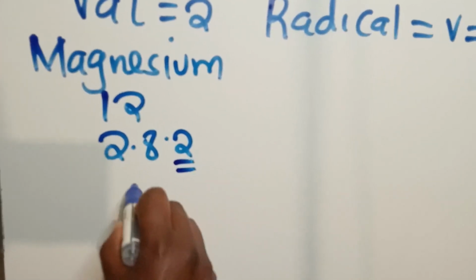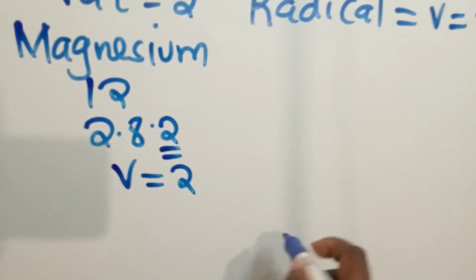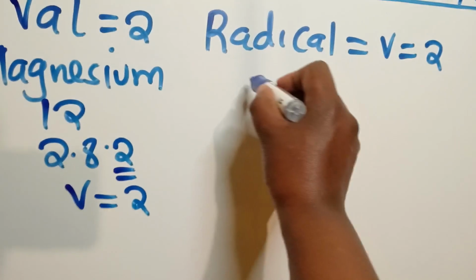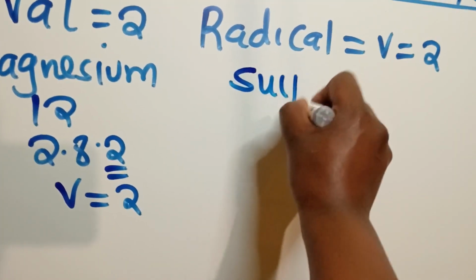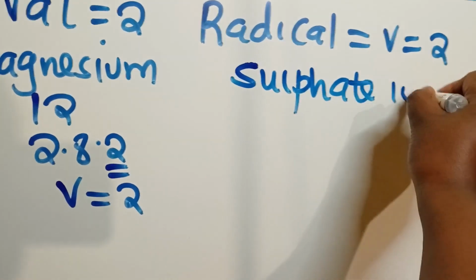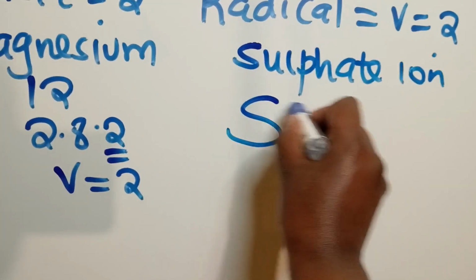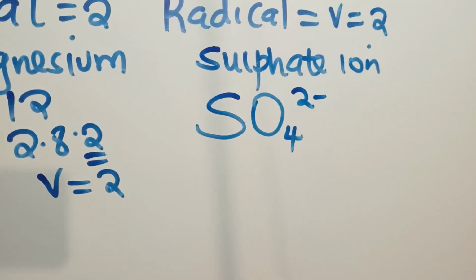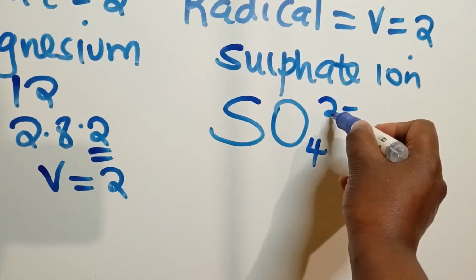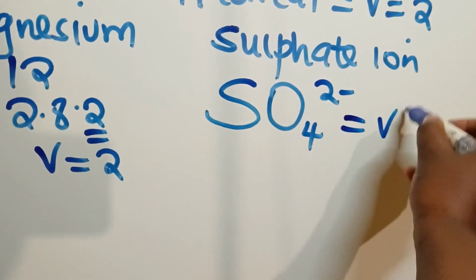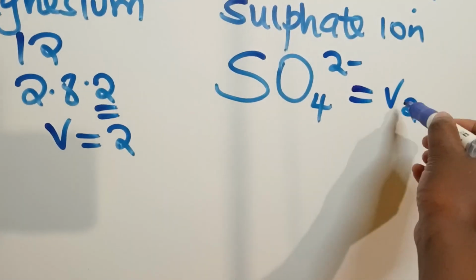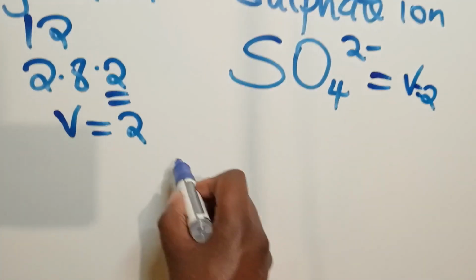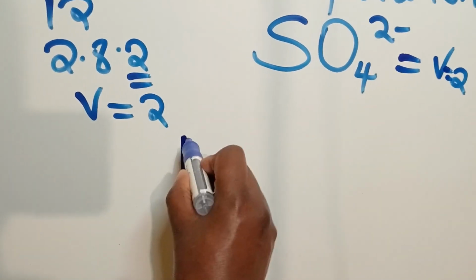So required to lose 2, so valency becomes 2. A radical with the valency 2 is like the sulfate ion. This is the formula of that radical. So now that it has a 2 there, valency becomes 2. So we write the formula.